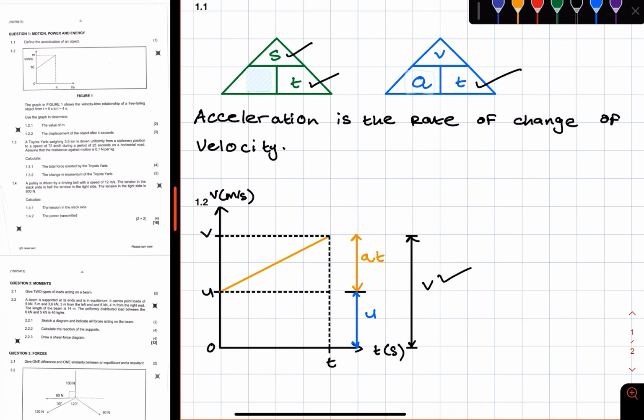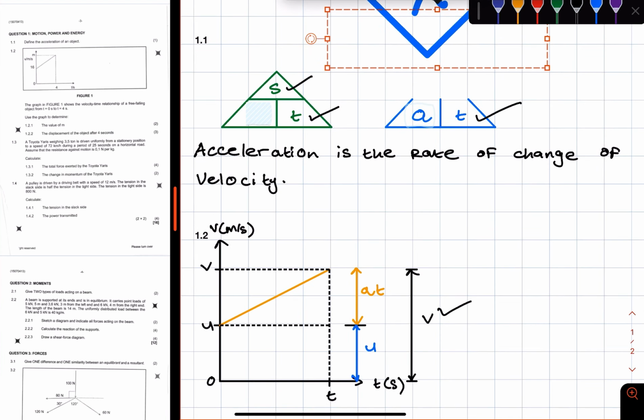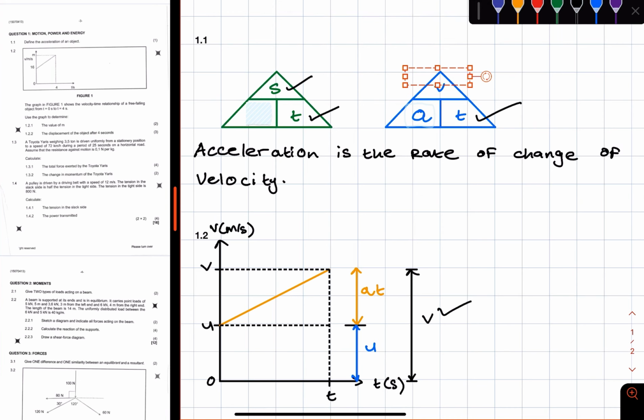Hence, the orange part of this graph is the change in velocity. And what is the change in velocity? Again, the change in velocity is equal to a times t. Hence, you see the orange part is named at.